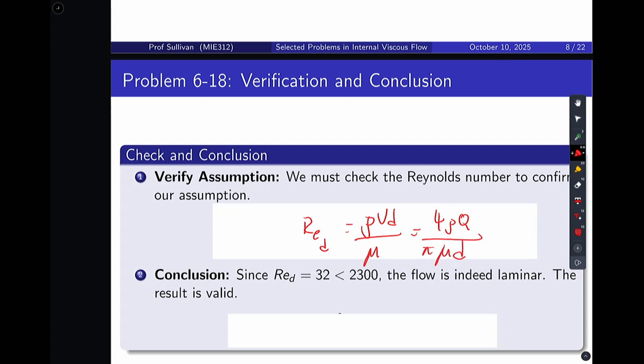Now, you can do the same thing as you've done other times where you say, hey, I can write this in terms of velocity for Reynolds number or in terms of volumetric flow rate, and you're just going to have velocity divided by area. If you put all the numbers in, you end up with the second expression there.